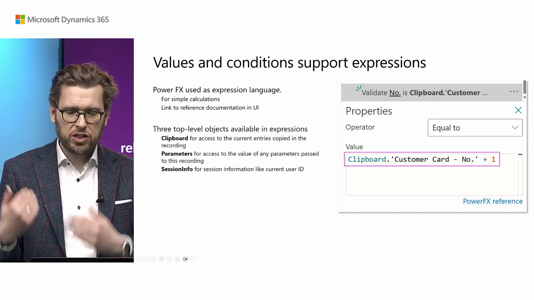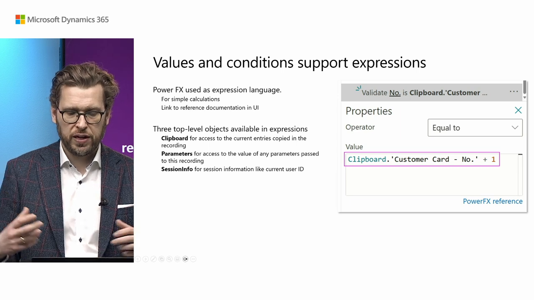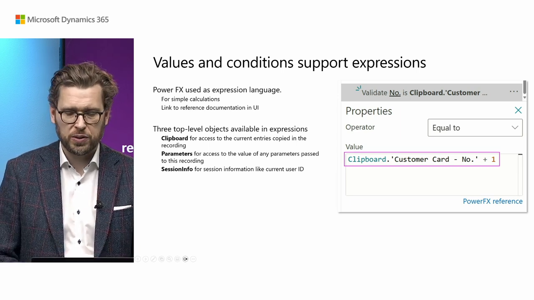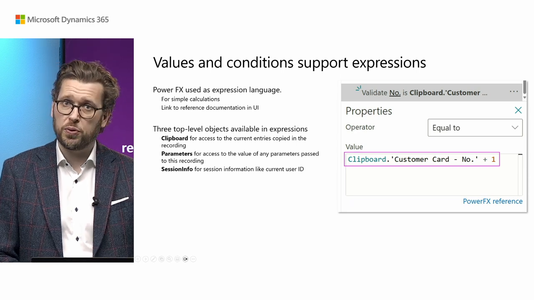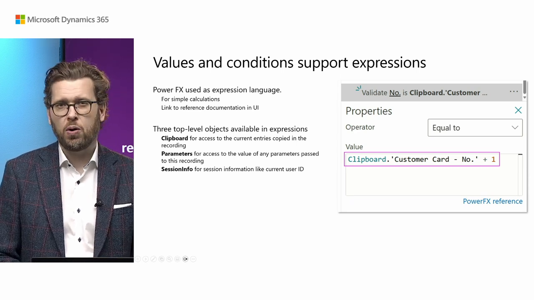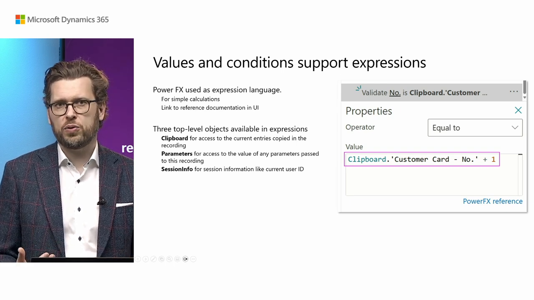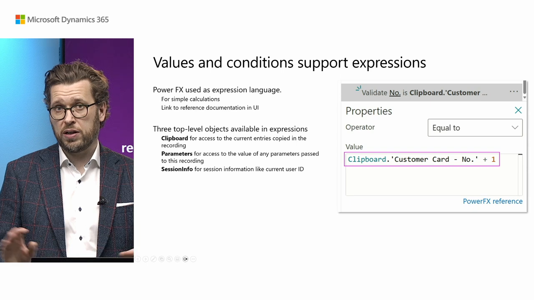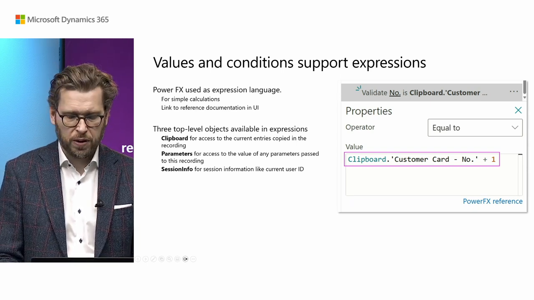In addition to PowerFX, we also give you 3 top-level objects that you can use in expressions. You can call into the clipboard that we talked about before to pull out values there. You can call into parameters, which are really variables for the script, and we'll talk about those later. And you can also access the session info that I spoke about before.